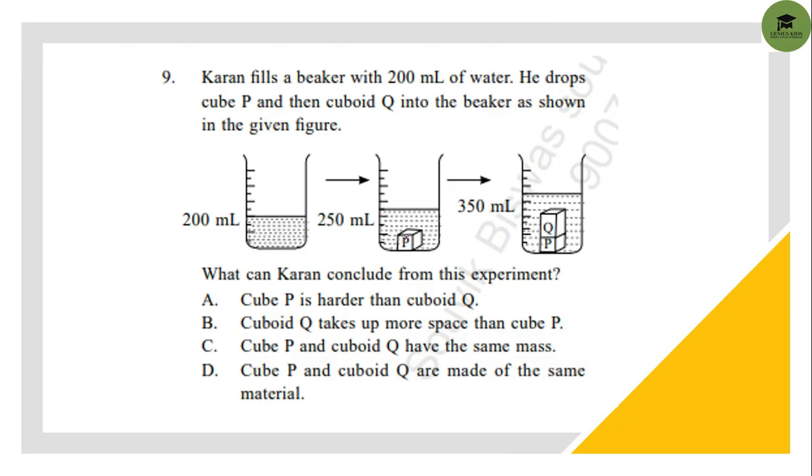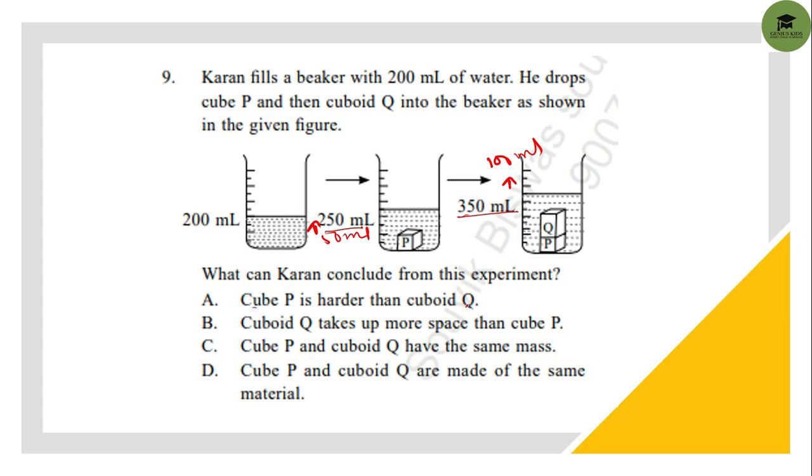Now he puts P and it increases to 250 milliliter. Now again he drops Q and it increases to 350 milliliter. So there is an increment of 50 milliliter here and an increment of 100 milliliter here. Okay. So what can Karen conclude from this experiment?